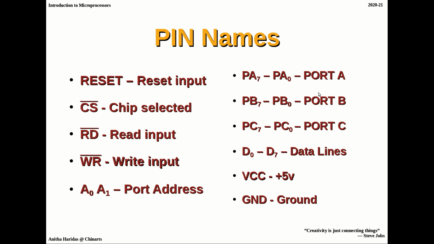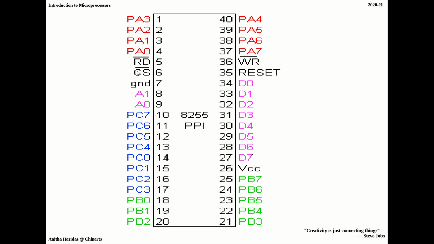Then we have 3 port lines, 3 8-bit bidirectional ports: port A, port B and port C. Port A has 8 bits ranging from 0 to 7. Port B also has 8 bits ranging from 0 to 7. And port C, 0 to 7.